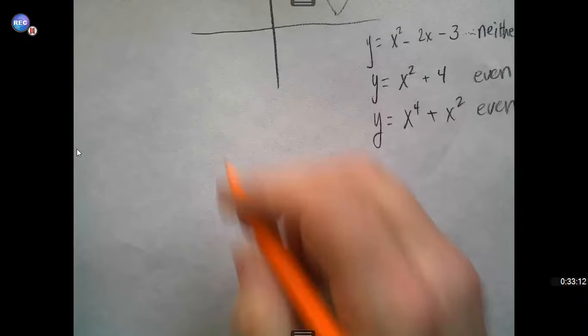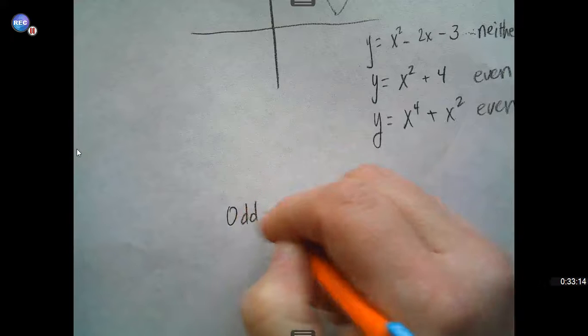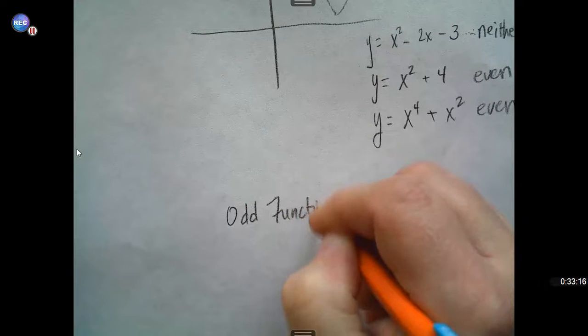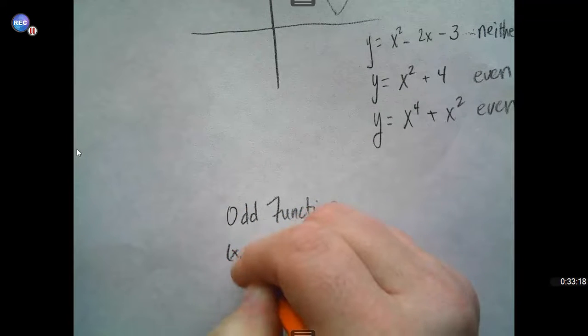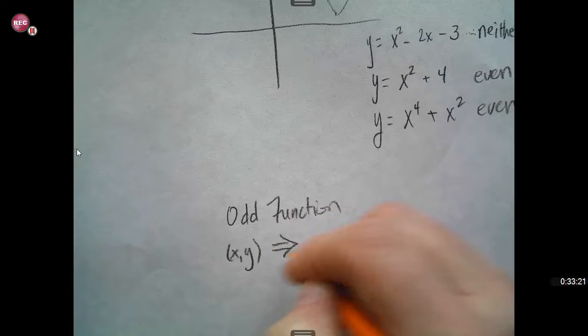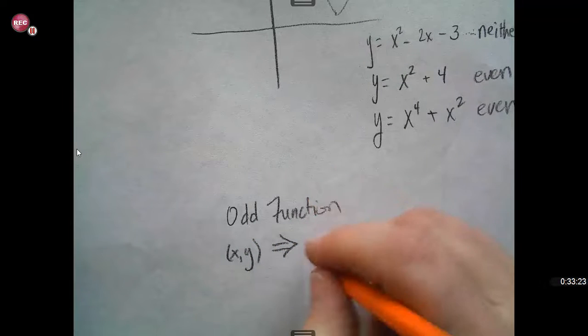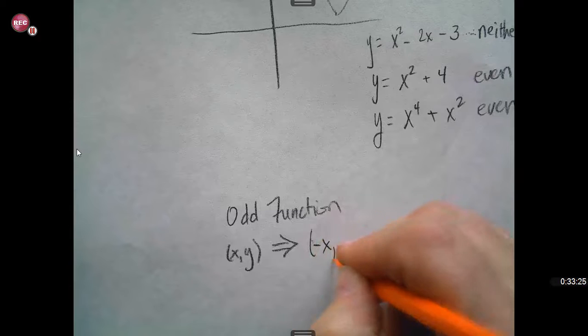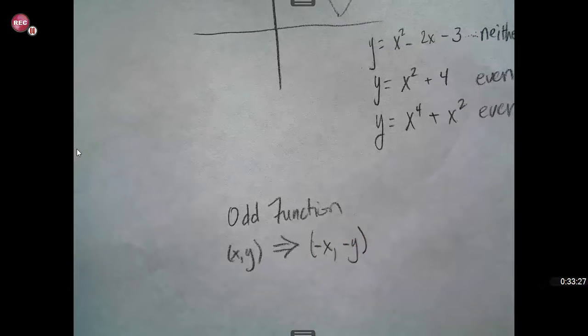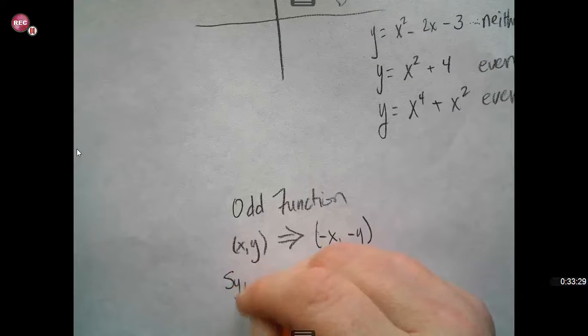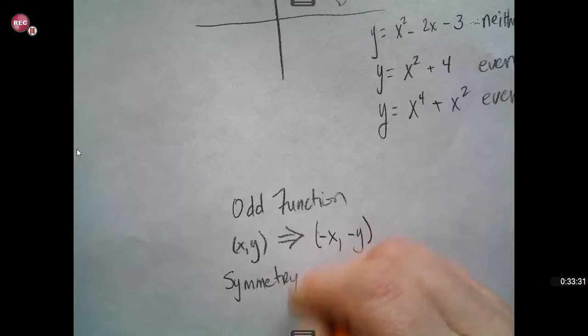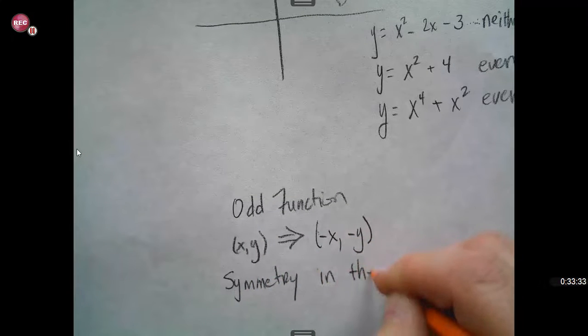So then we look at, well, what's an odd function then? For an odd function, (x, y) gets mapped into (negative x, negative y), which is symmetry in the origin.